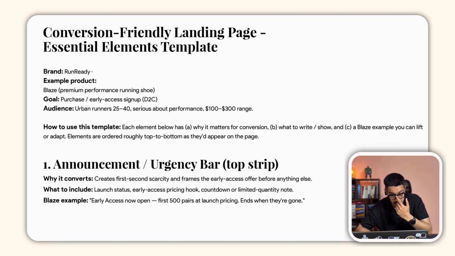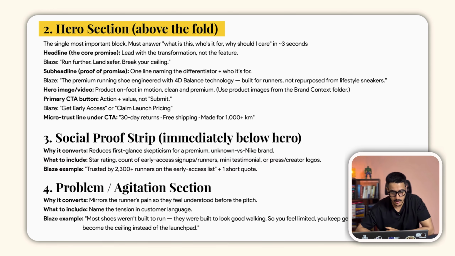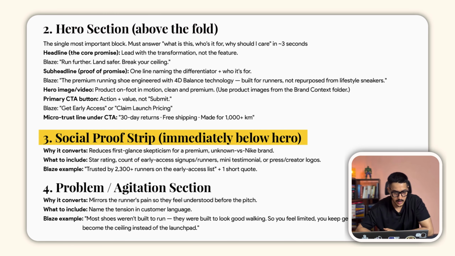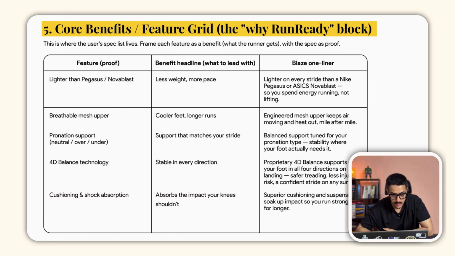So on the landing page, it says you can add an urgency bar on the top, which is about the first 500 pairs will get launch pricing or early pricing. Hero section, it says talk about transformation, not just the features. So run farther, land safer, break your ceiling. Social proof, agitate the problem, tell the core benefits in a table.